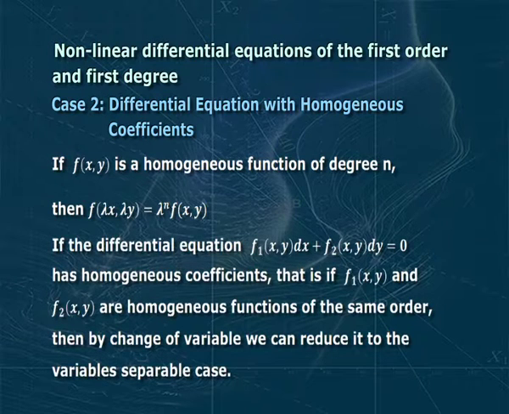If the differential equation f1(x,y) dx plus f2(x,y) dy is equal to 0 has homogeneous coefficients, that is, if f1(x,y) and f2(x,y) are homogeneous functions of the same order, then by change of variable we can reduce it to the variable separable case.